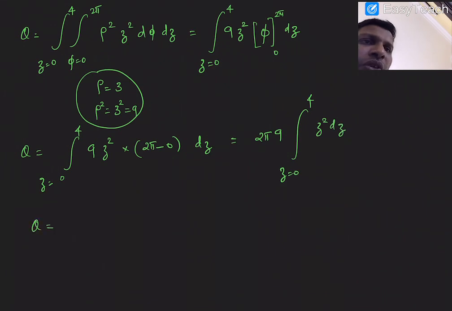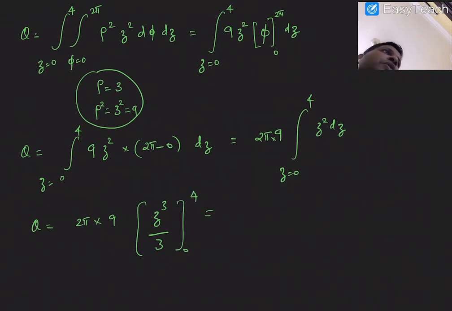So q is equal to 2 pi into 9, then the integral of z square is z cube by 3, where z changes from 0 to 4. So this becomes 2 pi into 9 into 4 cube divided by 3.